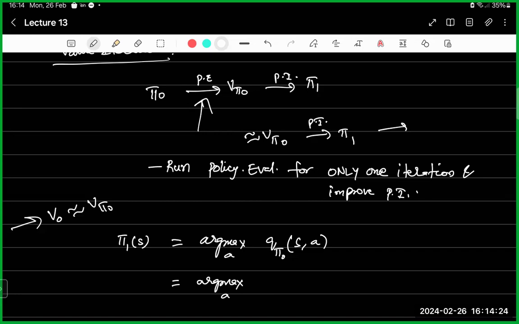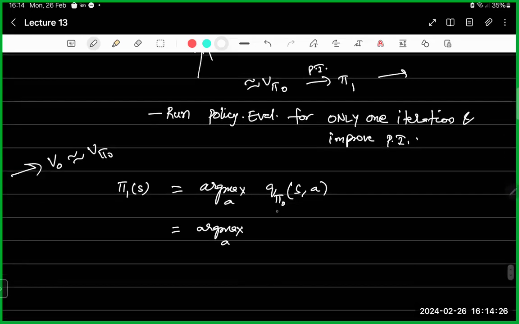Okay. So what is Q pi naught of s comma a? It's R(s, a) plus gamma times v pi naught of s dash.